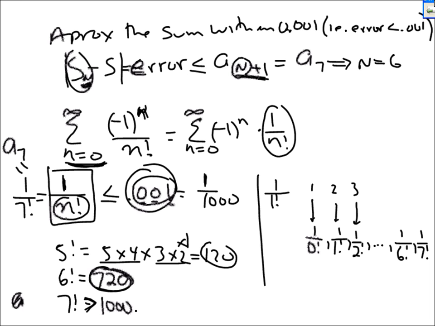Notice that the term number is always 1 bigger than the factorial. 6 factorial must have come from the 7th term, and 1 over 7 factorial came from the 8th term. So we need to go up to a sub 7 actually. You have to be careful in that one.